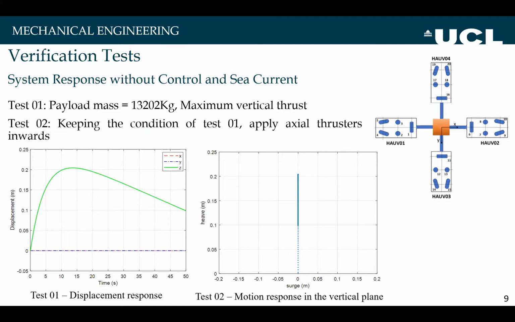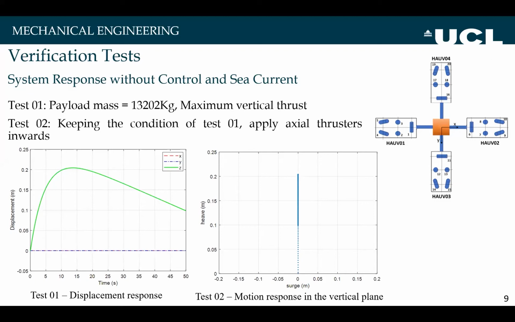So analytically, it was worked out that the system should not move because the weight and the buoyancy plus the vertical thrust forces are balanced. But in the dynamic model, because here we looked into the dynamics, there is a small spike in the vertical motion, but eventually it ends up at near zero.